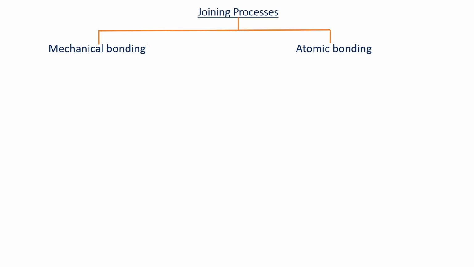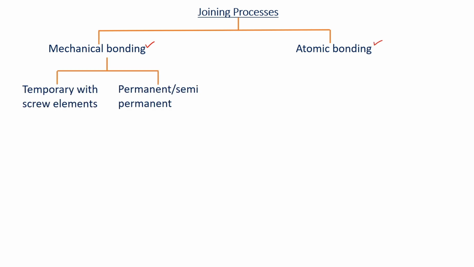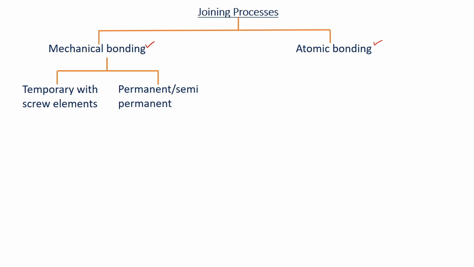So, either we can have the mechanical bonding of the work parts that are to be joined, or we can have the atomic bonding. So, when the work parts are bonded together temporarily using the fasteners or the screw elements, that we call the mechanical bonding, temporary mechanical bonding.